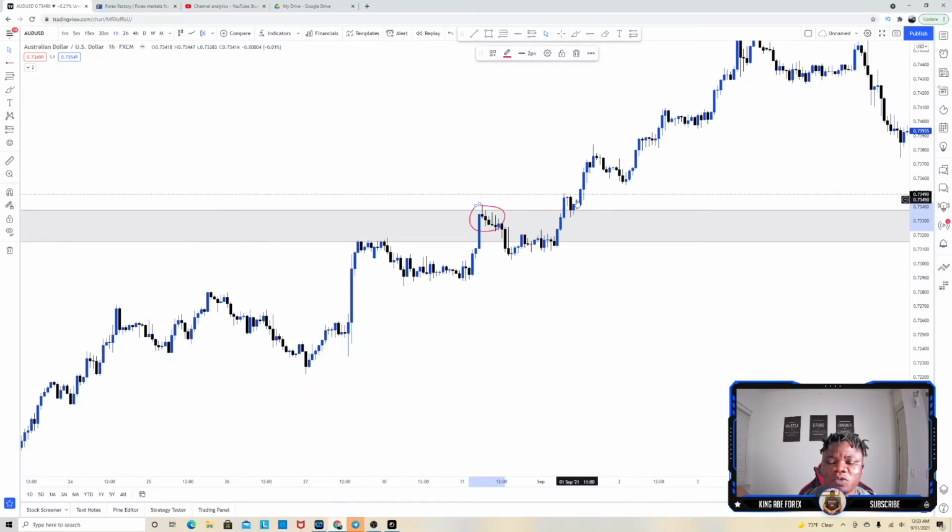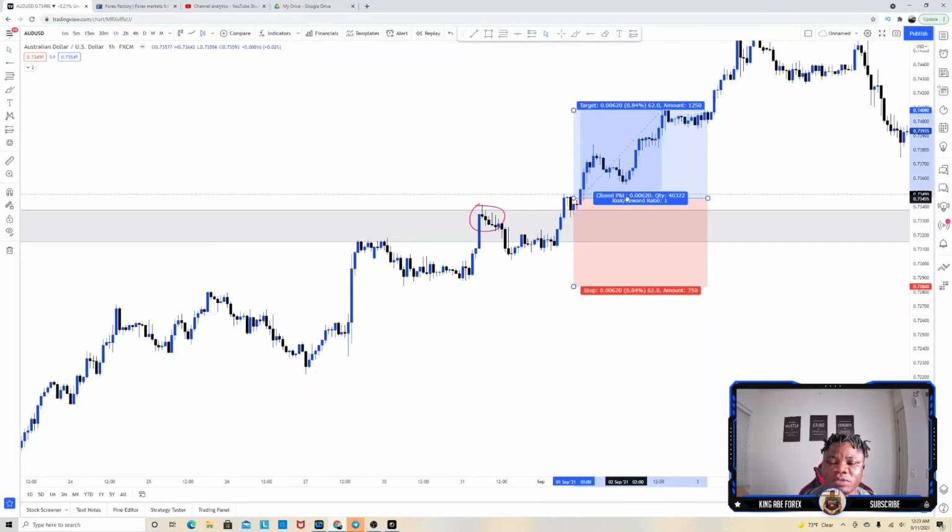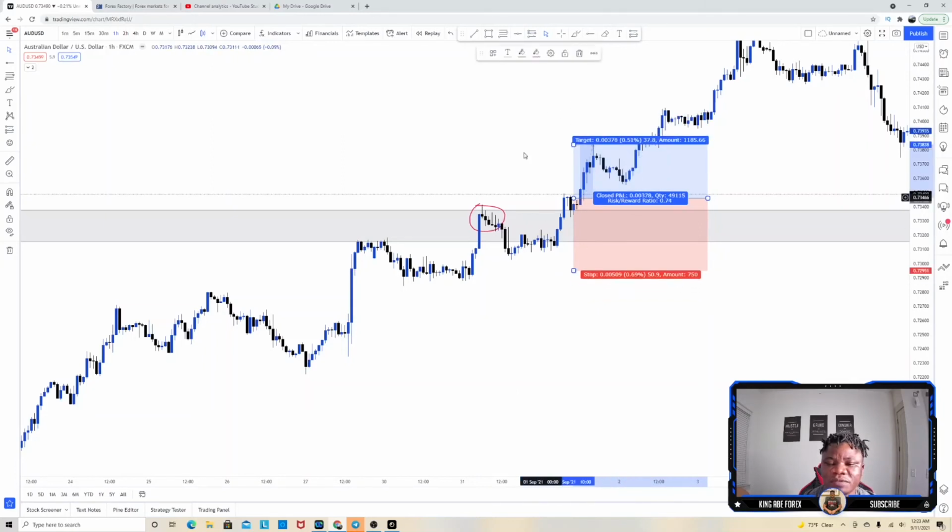Now if you waited for a break and retest, if you use the break and retest strategy, our entry would have been right here at this bullish engulfing candle. Our entry would have been right over there.